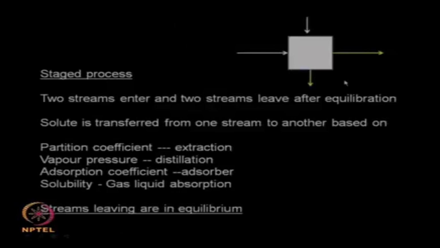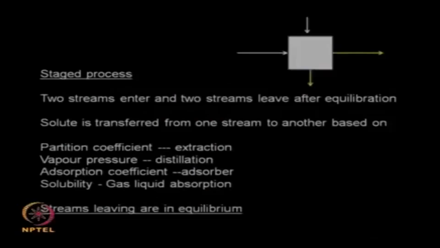And stage processes exist in many areas of downstream and unit operations. For example, if you go to extractor or extraction process, you have the solvent and you have the heavy liquid, the solvent and the heavy liquid are mixed together and the solute is extracted by the solvent, correct. So that is a stage process.